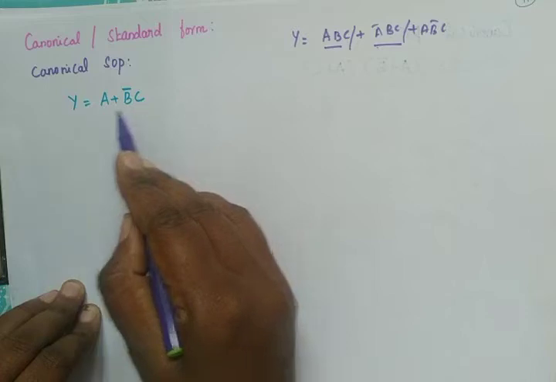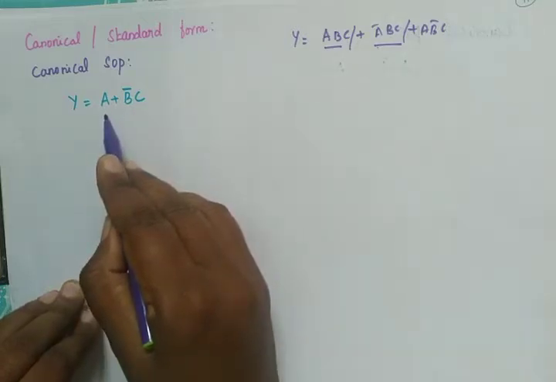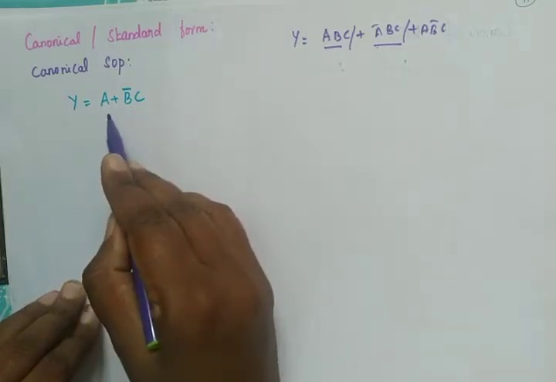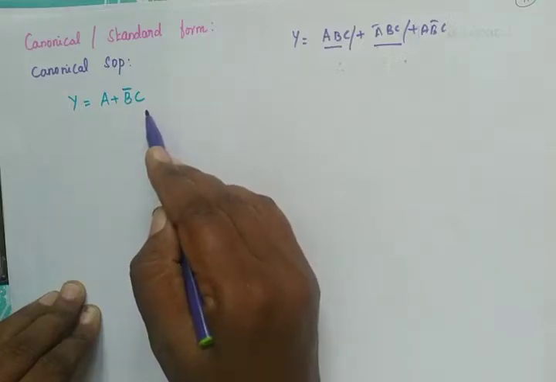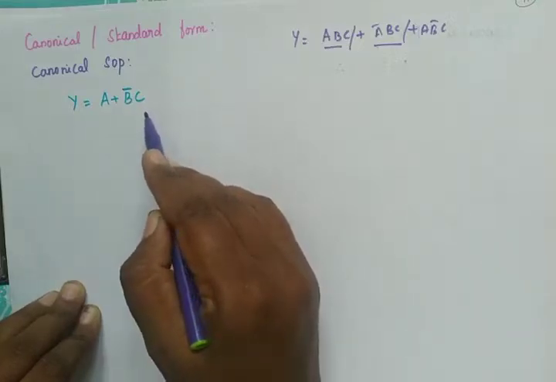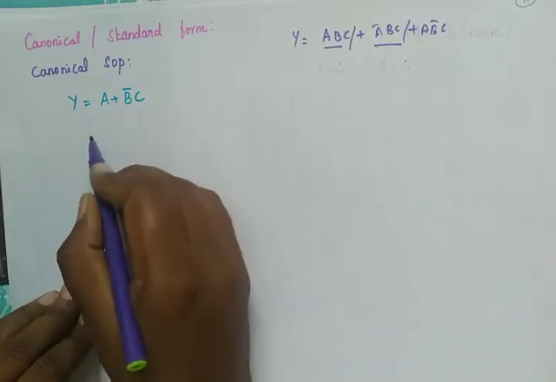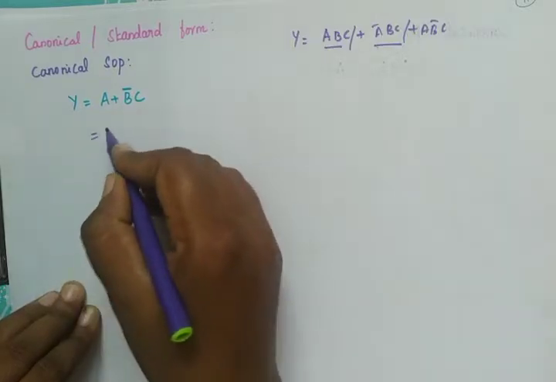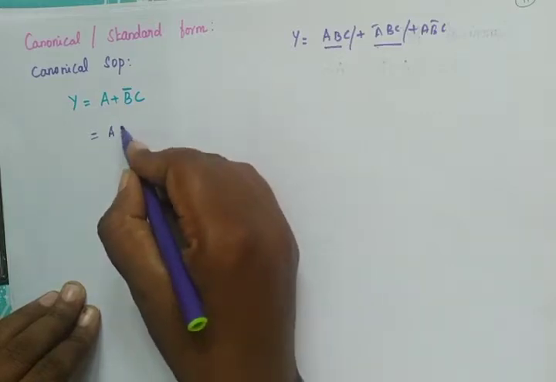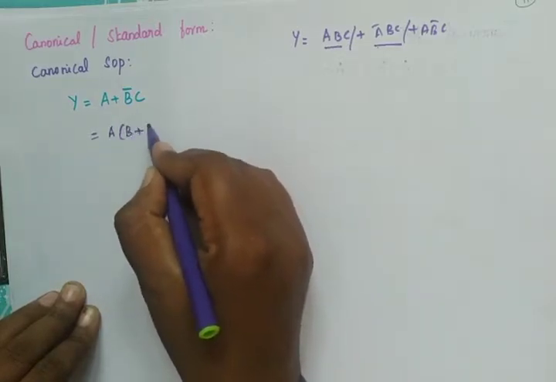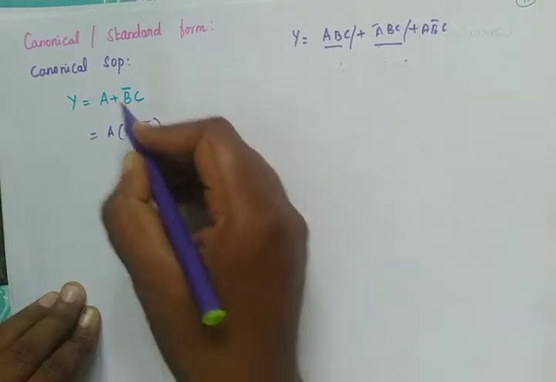Now let us see, here we have a Boolean expression y = A + B'C. Here the literal B is missing and C is missing, and in this term A is missing. Now we have to convert this expression into canonical form or standard form. The missing terms are B and C. So A into (B + B'), because it is SOP.